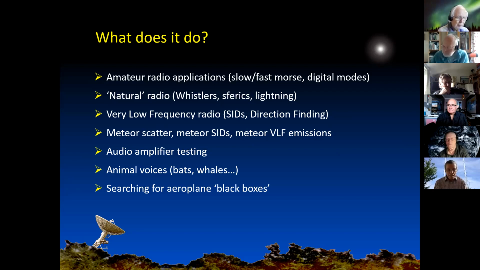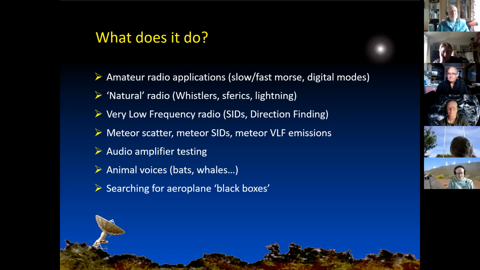Other VLF applications, such as sudden ionospheric disturbances, and we'll cover one of those at the end. Meteor scatter, another one I'm going to talk about at the end, and also other meteor-related radio applications. Audio amplifier testing, animal voices, so that's translating sound that is outside of the range of human hearing back into audibility.